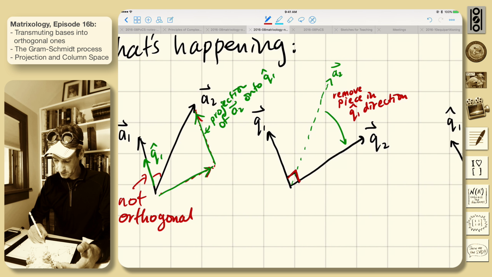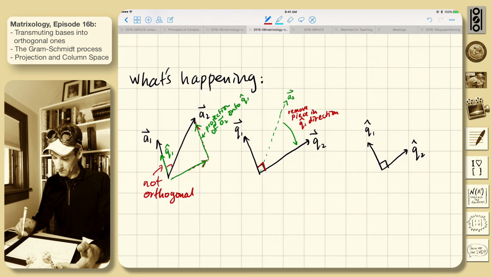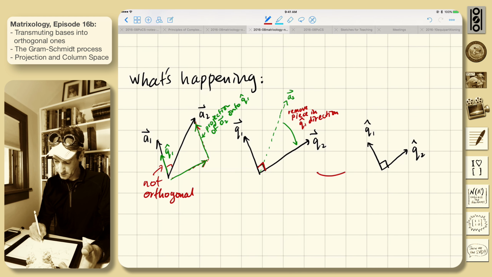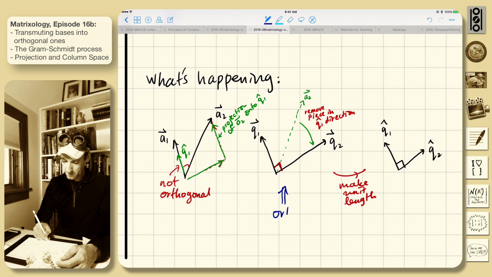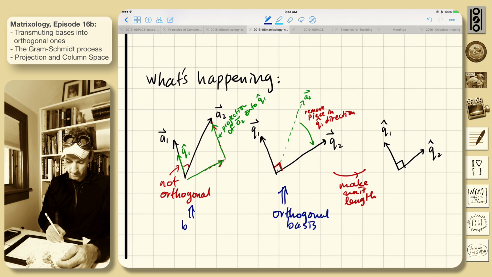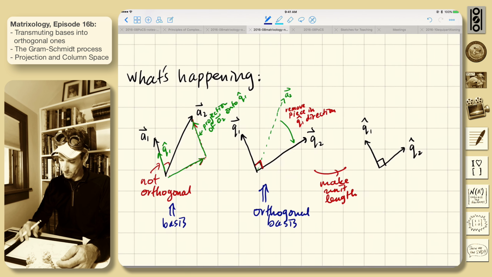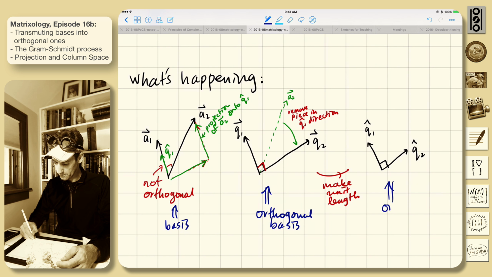So now they're at right angles to each other, and the last thing we do is we divide through so that now they're unit length. Right. So make unit length. All right, so this is now orthogonal here in the middle. Orthogonal basis. This is just a basis. Orthogonal basis, orthonormal basis.